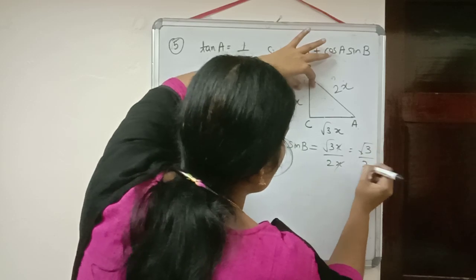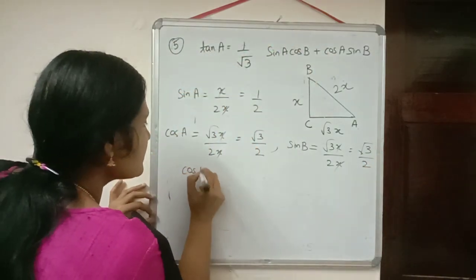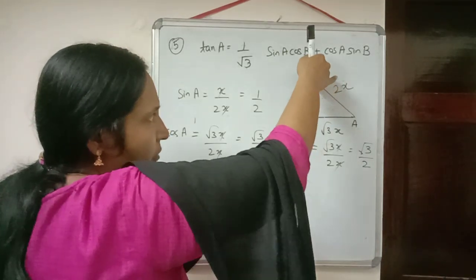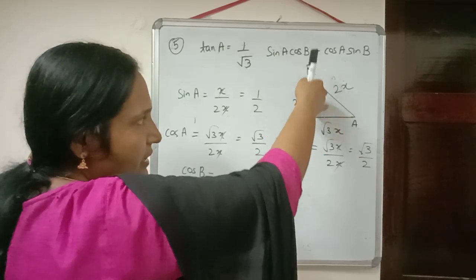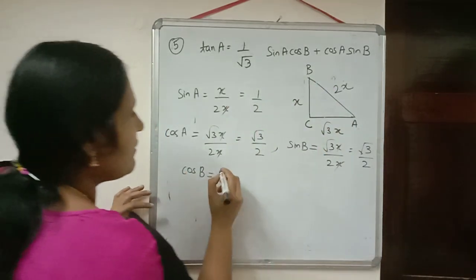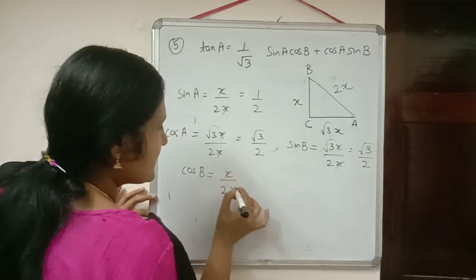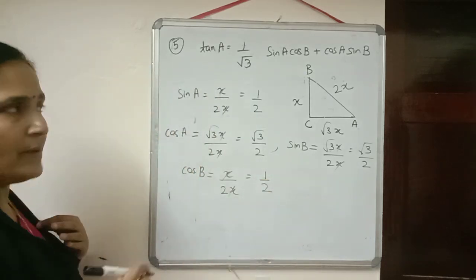Sin B will be equal to root 3 by 2. The same way, cos B is equal to, which will be cos B. Angle opposite to B is perpendicular. So adjacent one will come BC. Yes, cos B is equal to x by 2x. So x and x will get cancelled. We will get cos B is equal to 1 by 2.